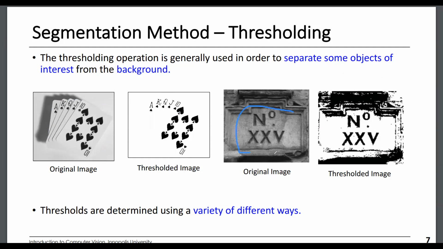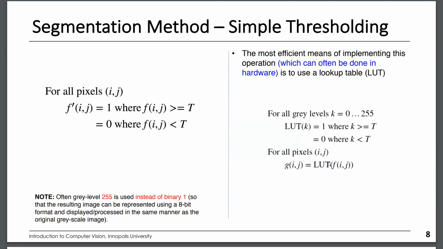Here, for example, in this image, it's very difficult for a machine learning model to understand that this is N, this is X and V, but the picture on the right is much more useful for machine learning models to learn from, right? So this could be the goal of using thresholding in this situation. This is a simple manner to speed up the segmentation method.